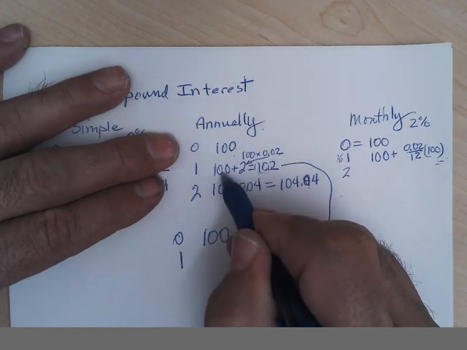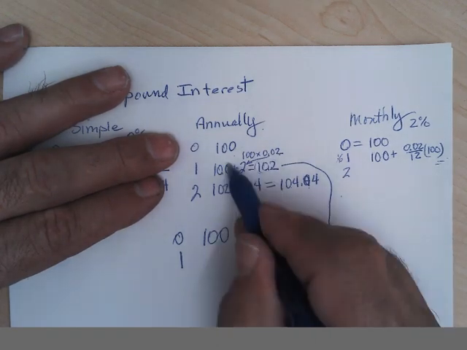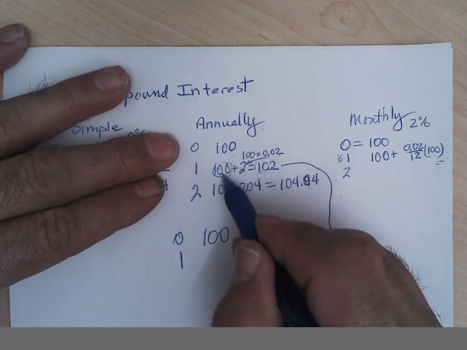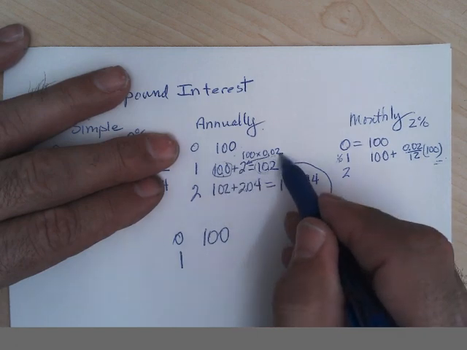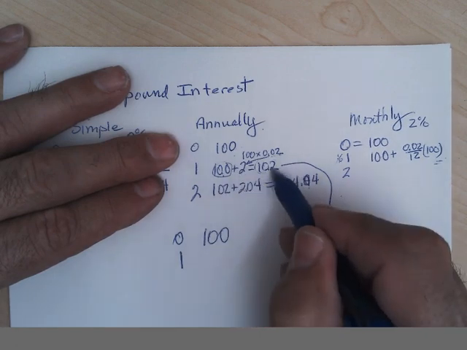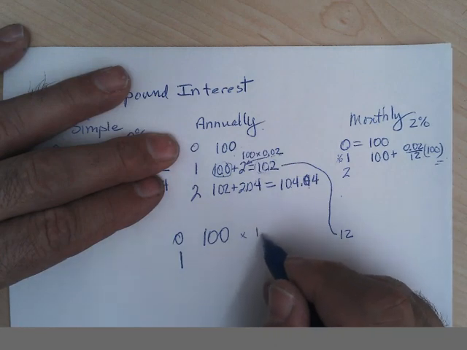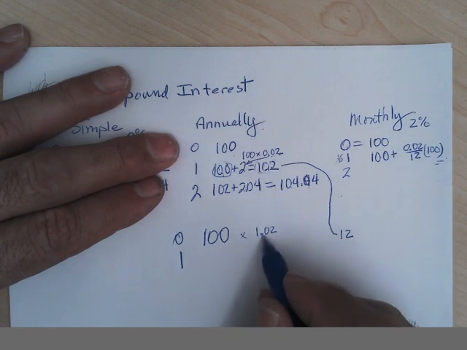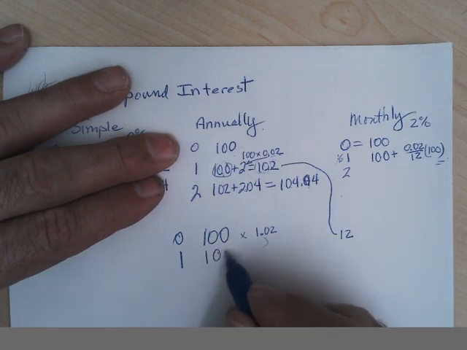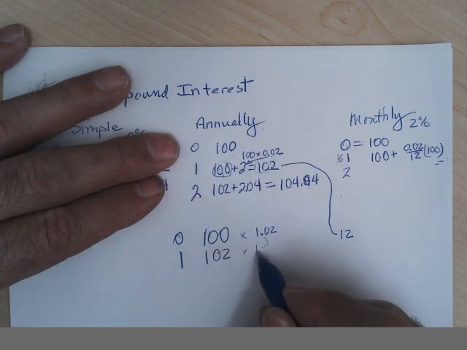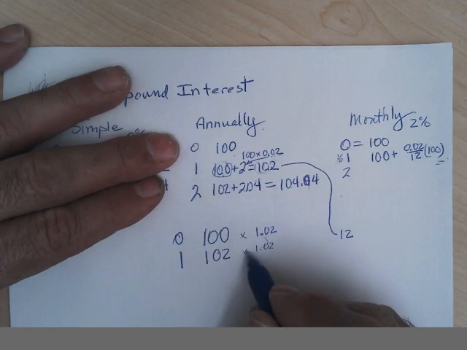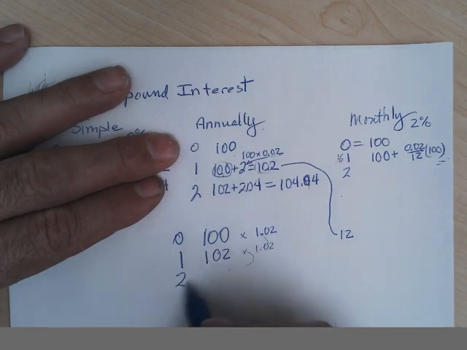And then I'm going to also have the 100, so I'm doing all of my money, 100% of it, plus 2% more. So I could have gotten these numbers by just multiplying this by 102% in decimal form to get the next number, and times 102% to get the next number.